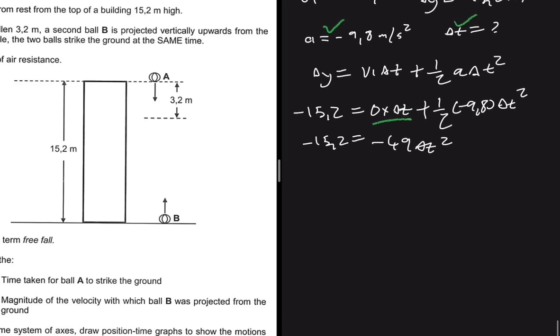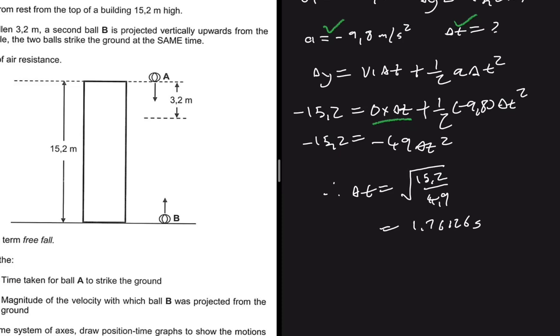So it's easy to see now that delta T will be equal to the square root of 15.2 divided by 4.9. Right, so now it's just a matter of putting that in your calculator, and what am I getting? I'm getting 1.76126 seconds. So that is the time it takes ball A to strike the ground.